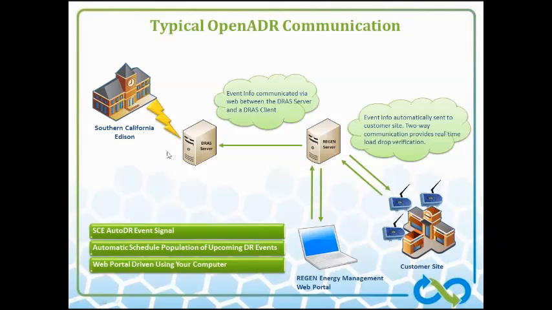Southern California Edison has their own demand response automation server, or DRAS server. This server reaches out to end-use customers. This could be your retail office, your retail showroom, commercial office space, a mall, or a school district.